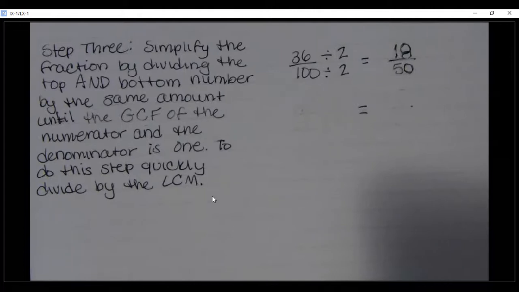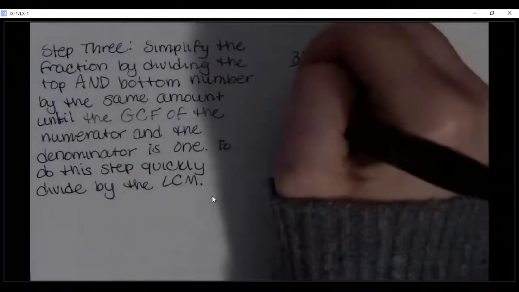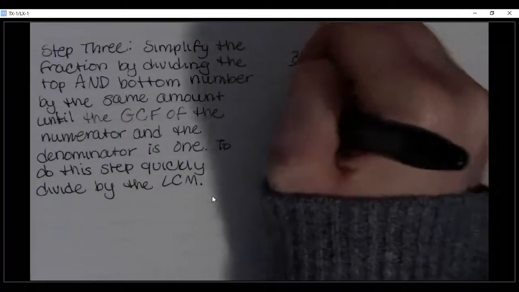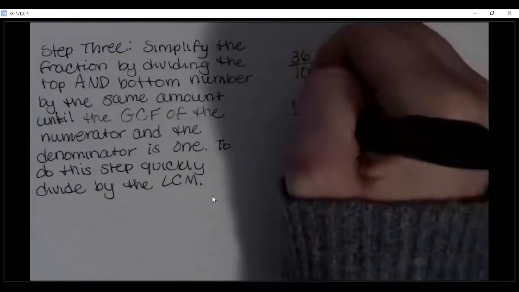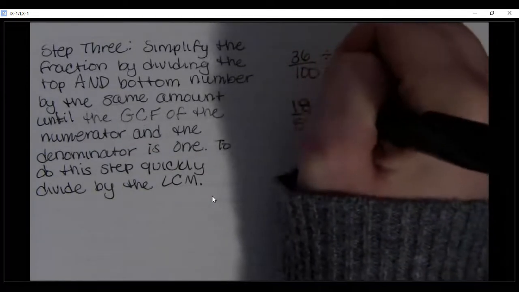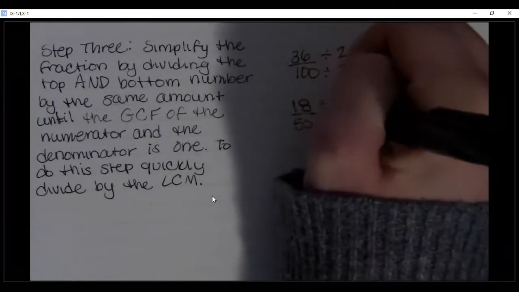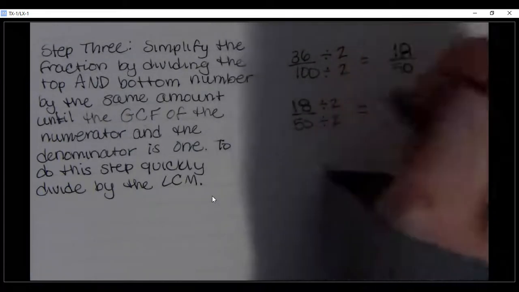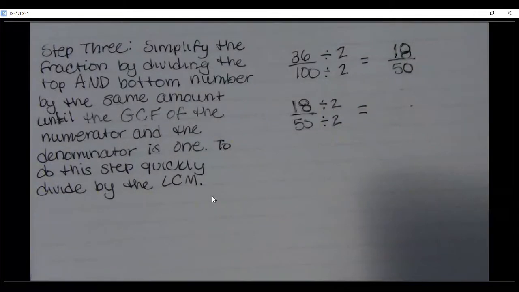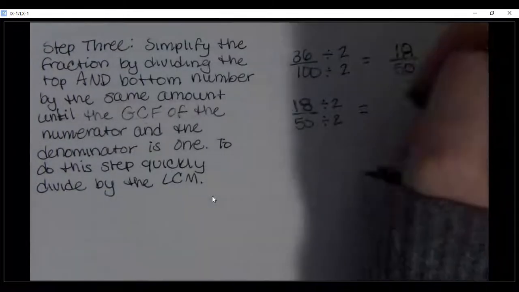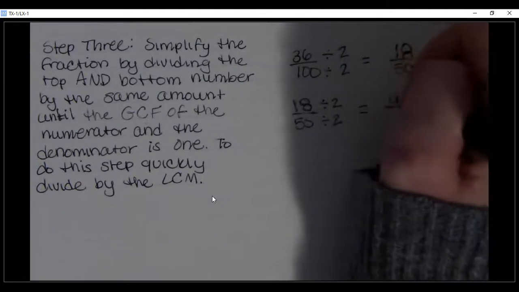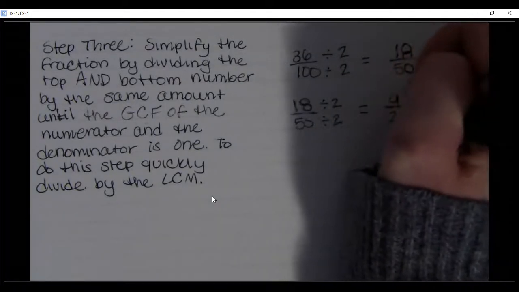You have to make sure that you can't divide it anymore. Looking at my problem, 18 and 50 are still even numbers. So that tells me again that I can for sure divide by at least 2. I might have to keep going, but I'm going to try dividing by 2 again. 18 divided by 2 is 9. And 50 divided by 2 is 25.